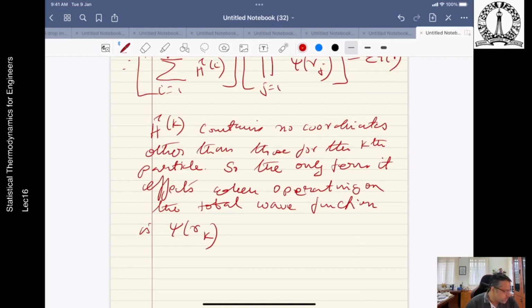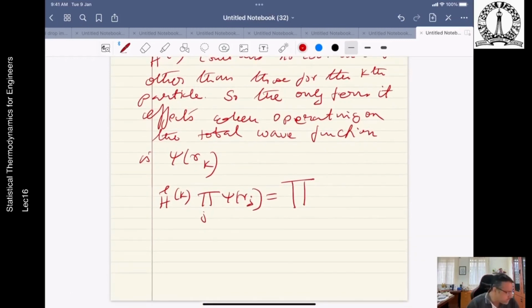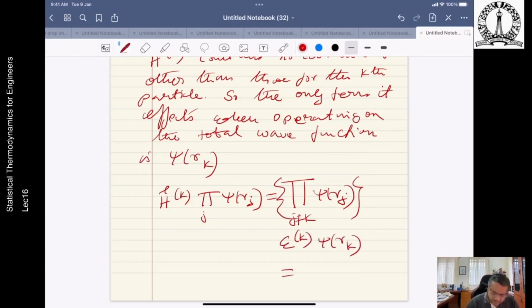In other words, we can write H k operating on the product over j of psi j is equal to, now look at this carefully, the product over j not equal to k of psi of r j, put in a single bracket, times H k psi k, is equal to E k into that.